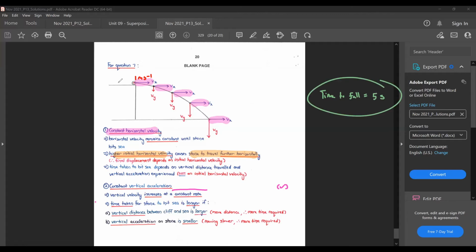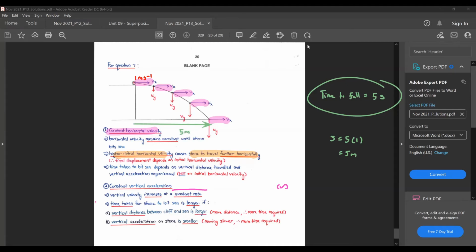So if your object was moving with an initial horizontal velocity of 1 meter per second, your distance traveled would just be 5 times 1 equals 5 meters. So you only end up at 5 meters over here.